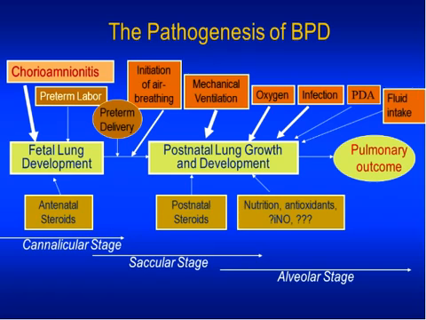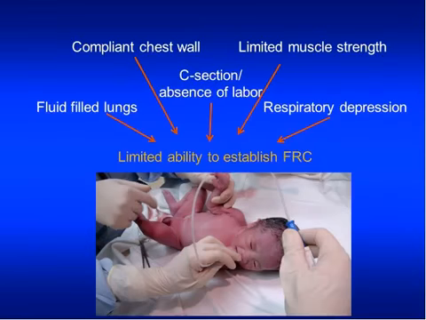But perhaps the most important event is around the time of delivery with initiation of air breathing. And this is where we are most likely to cause lung injury very rapidly. So we'll try to avoid doing that, and we'll talk about how we can best accomplish that.